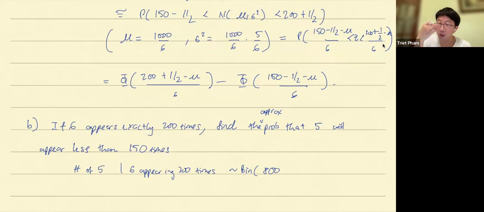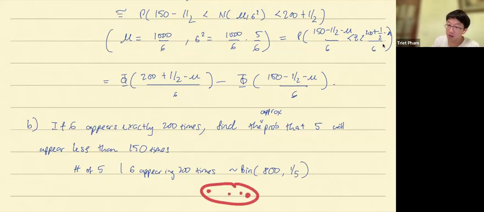With what kind of success probability? One-fifth. Why 1/5? Because in that 800, you know that 6 is not appearing at all. So there's a group of 200 6s that we know are there. We are just concerned with the remaining 800, which we don't know what's going on. But one thing we do know is that none of them are 6s. So it's 1/5.